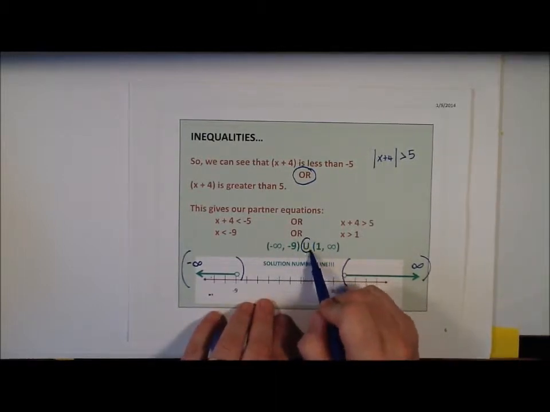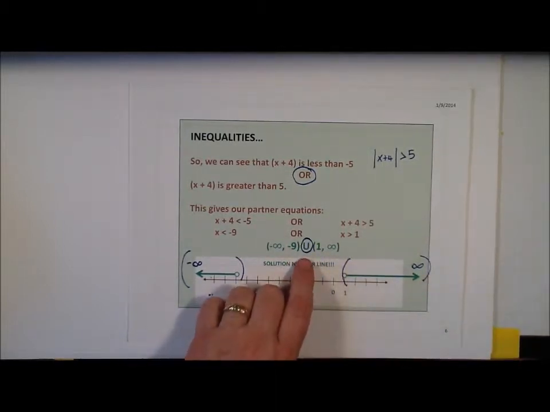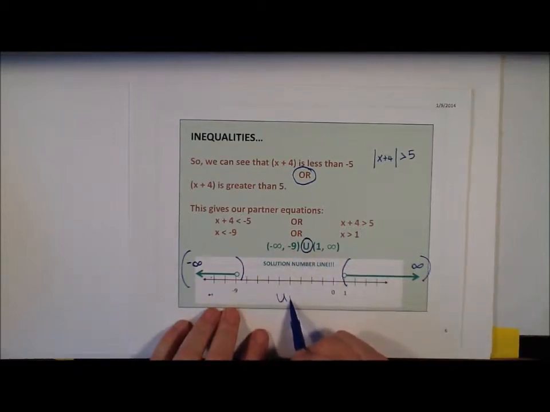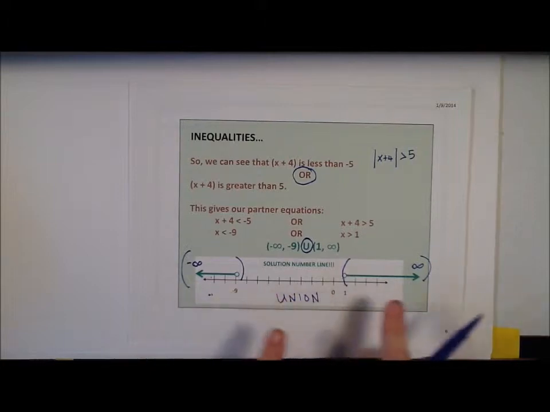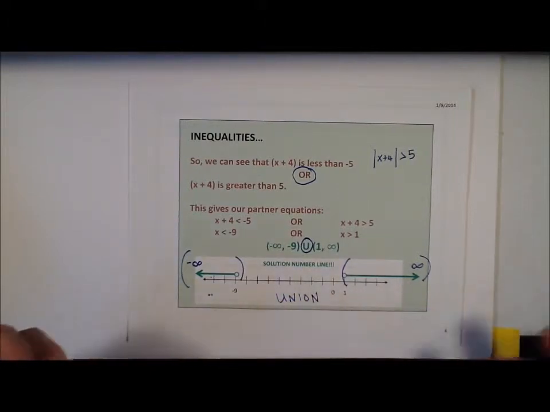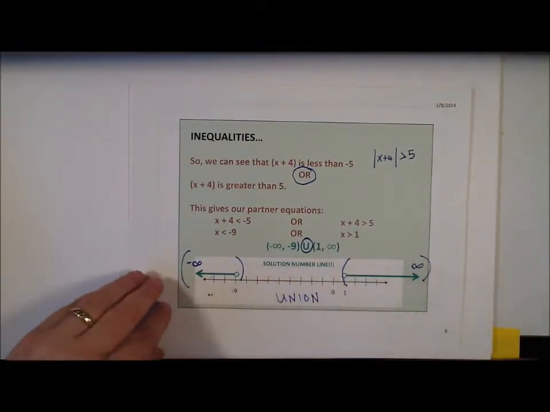And remember this from before, this U stands for union. It's a union between that set and that set. So that combined is your solution set.